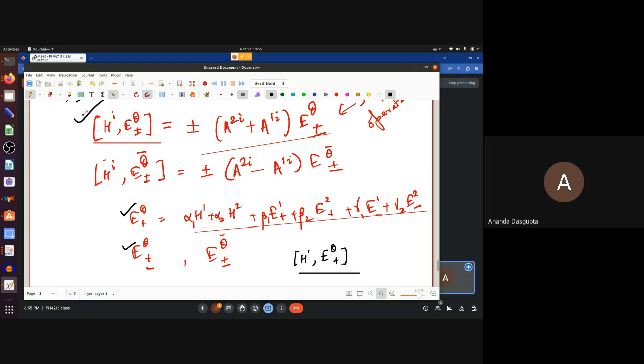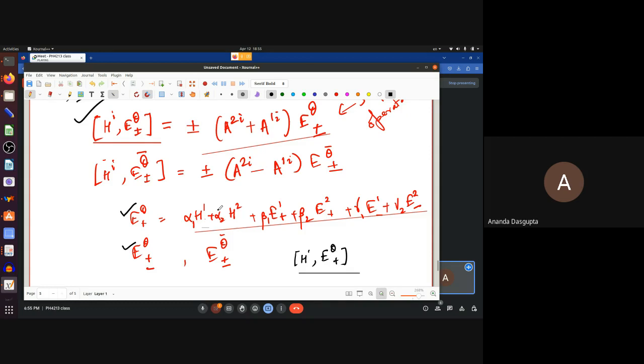But on the other hand, when you take the bracket, you have to get E theta plus minus times a number. That means simply that these numbers, alpha 1, alpha 2, must be 0.